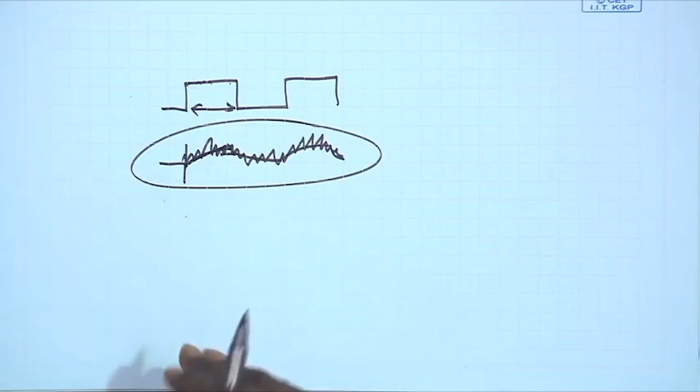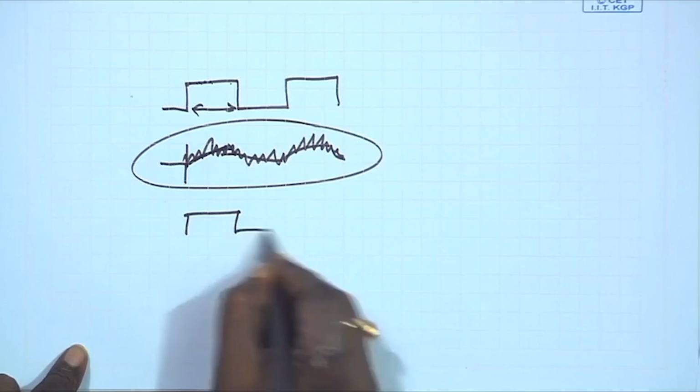That way you will have a much cleaner decision of 0 and 1, and what you can also do is regenerate in between, before the signal degrades to a limit or to a value from where you cannot reconstruct the signal.